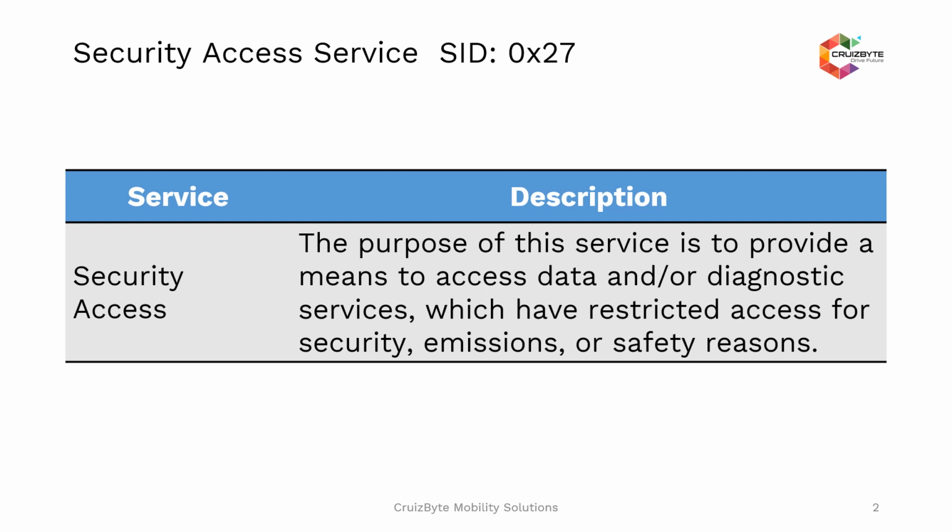That means, in simple terms, the diagnostic tester should have access to some of the diagnostic server controls or reading data by exchanging a security mechanism between the tester and the ECU.